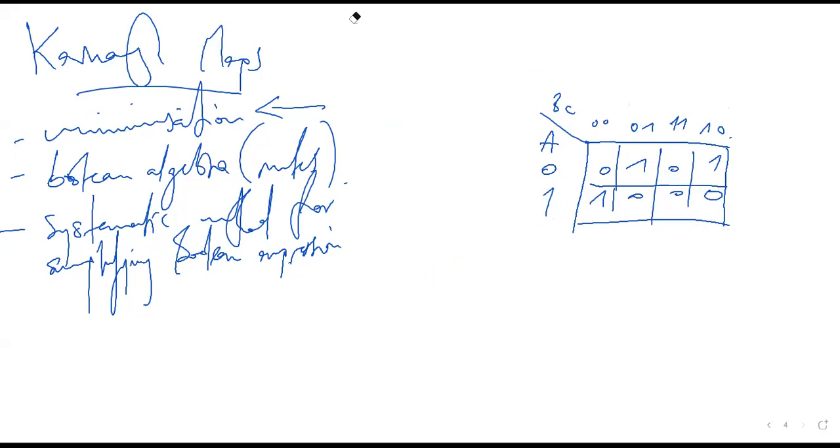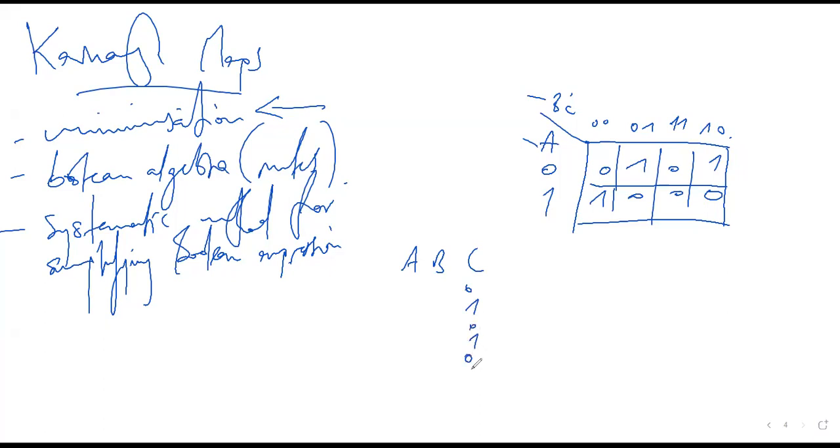Each row in a truth table represents a square. So here we have, from our kernel map, I can identify 3 variables A, B, and C. What does 3 variables mean? 3 variables mean we have 2 to the power of 3 possible outputs.